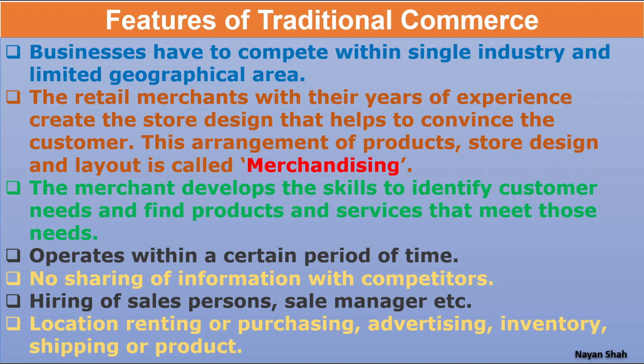So that is the biggest expense when you start traditional commerce. Next is advertising. You need to furnish your shop. Once you rent or purchase a shop, then you need to furnish it with good furniture, air conditioning and all, which is again another expense.